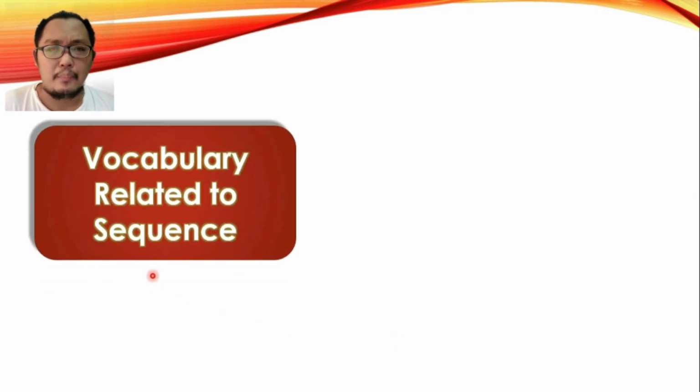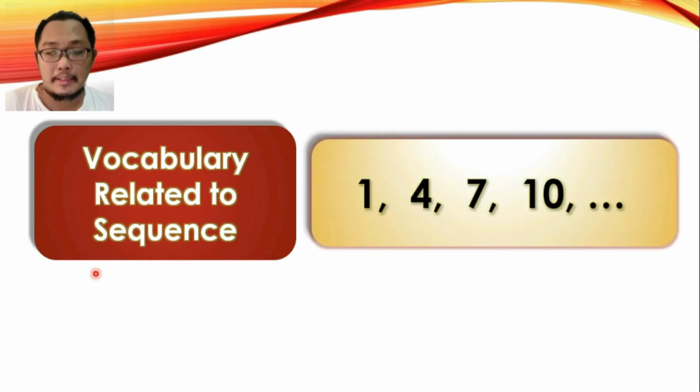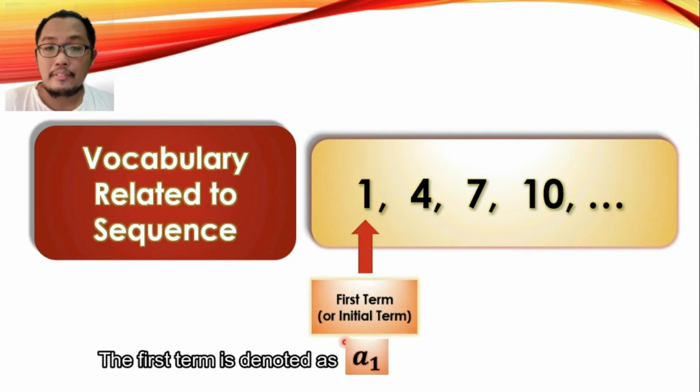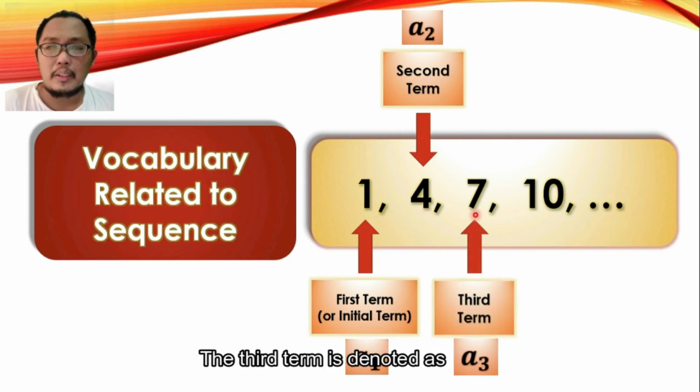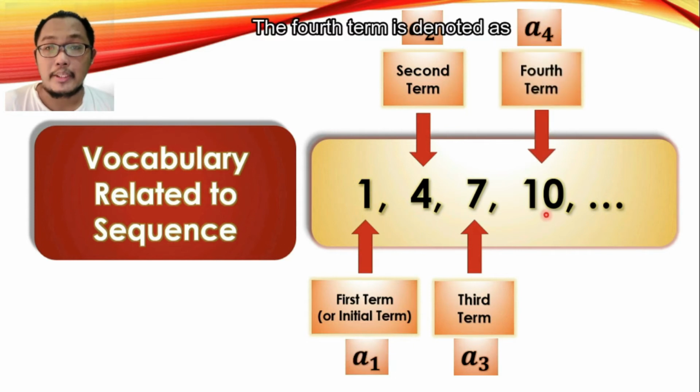And let us proceed with some of the vocabulary related to sequences. So here is an example of a sequence for which we are calling such numbers by specific terms, such as the first term or the initial term for our first number 1, while here is the second term, while this will obviously be the third term, while this will be the fourth term.